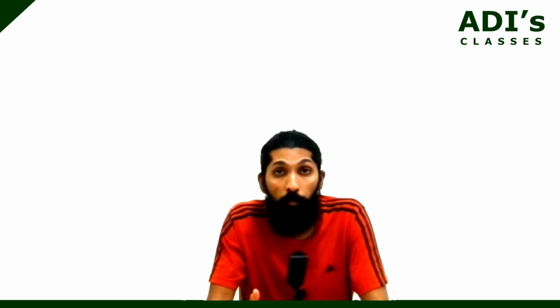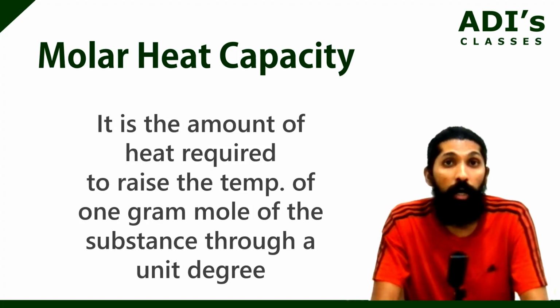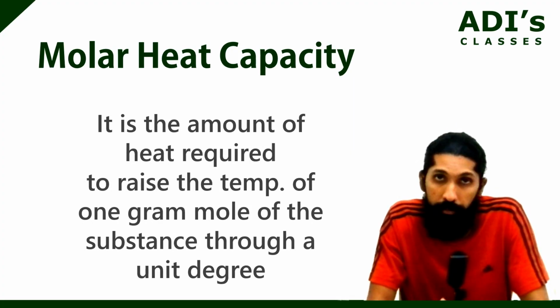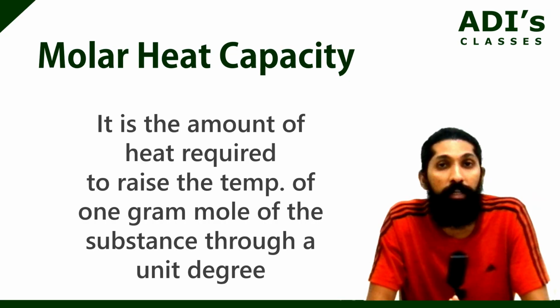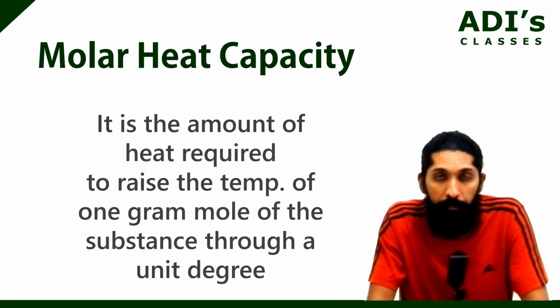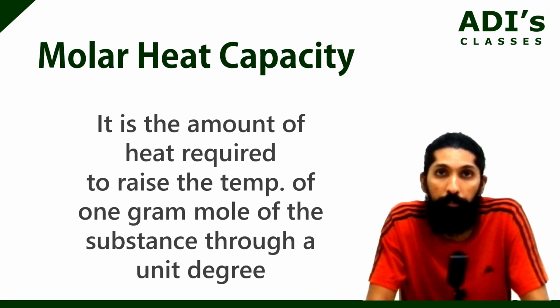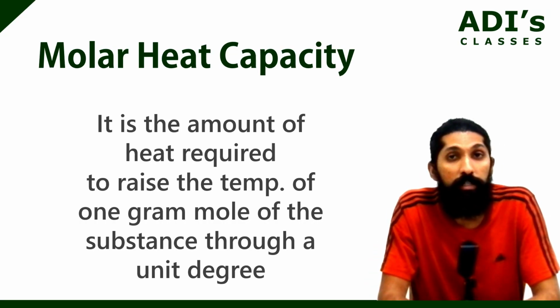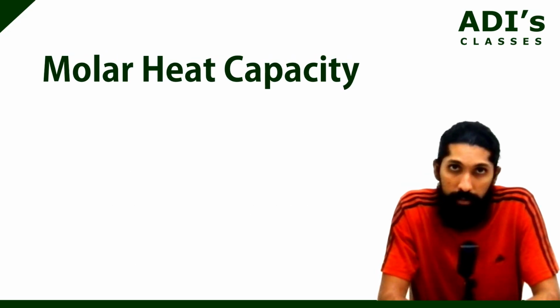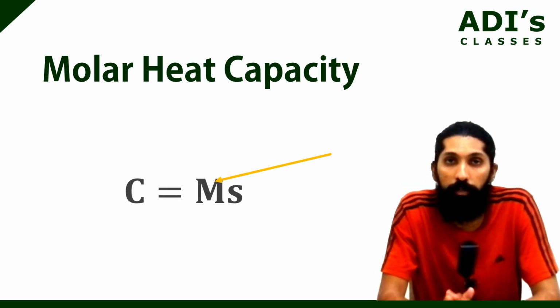Now what we are doing? Molar heat capacity. That means you have 1 gram mole of a substance and you are trying to increase the temperature of that substance by a unit temperature, correct? This is what we call molar heat capacity. So mathematically, C is equal to M into S, where capital M is the molecular mass.